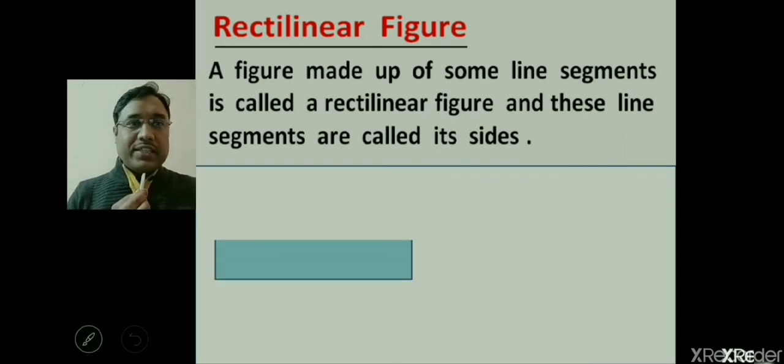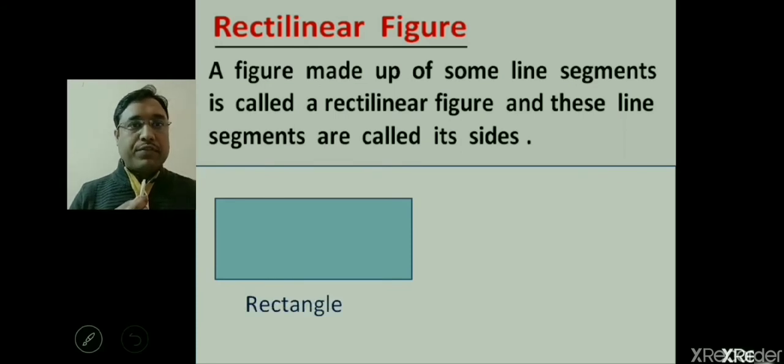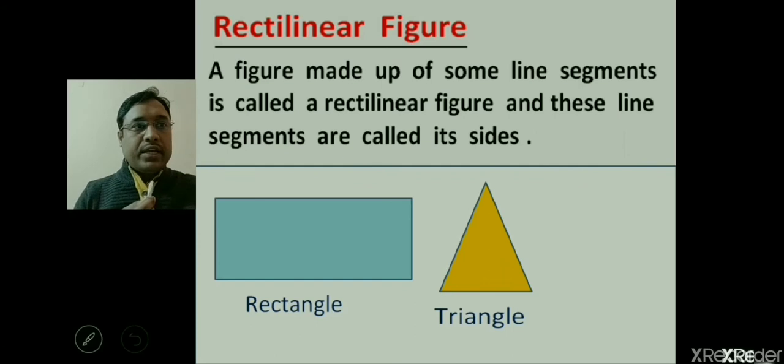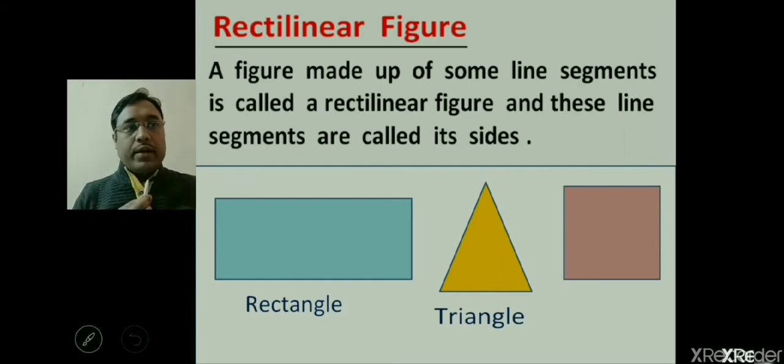In these figures you can see this is a rectangle, made up of straight line segments, and this is a triangle, also made up of three straight line segments. Then the square is also made up of four straight line segments. So only the figures made up of straight line segments are called rectilinear figures, and these straight line segments are called its sides.